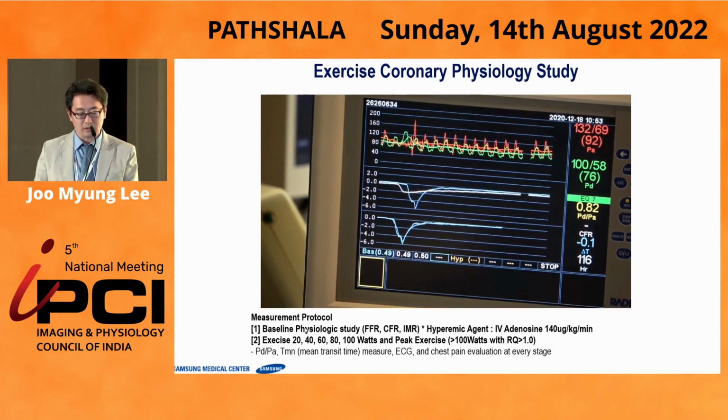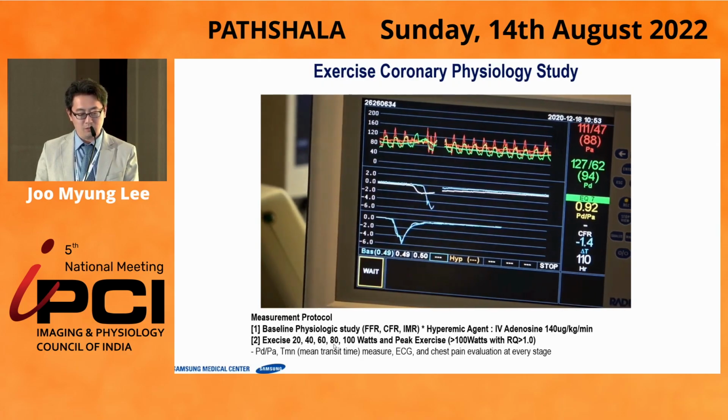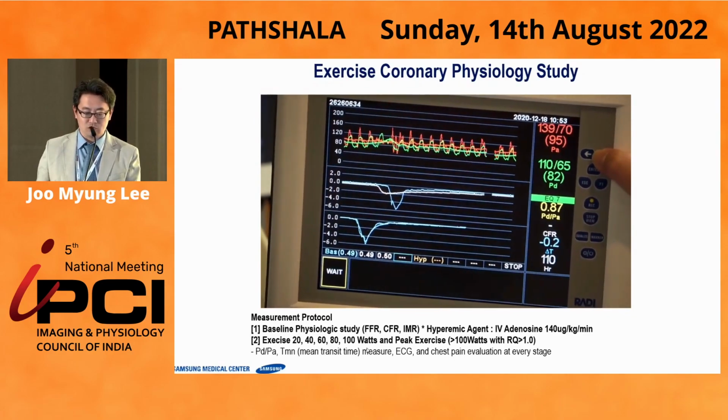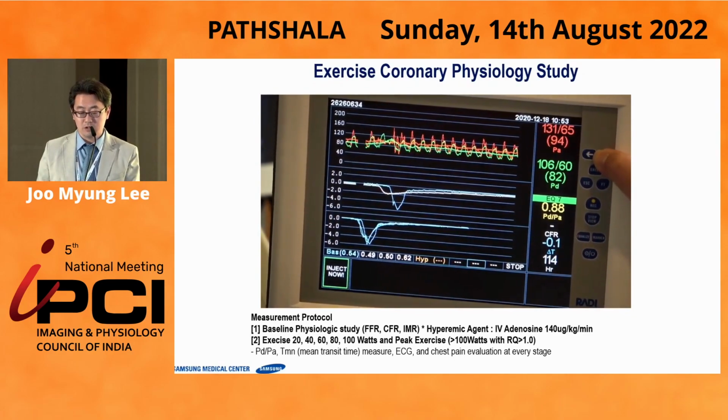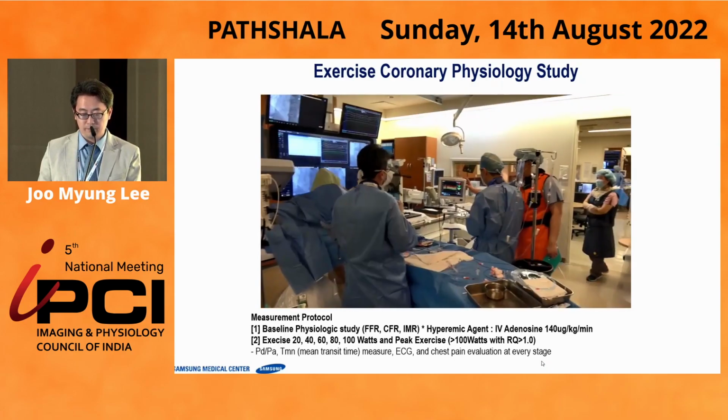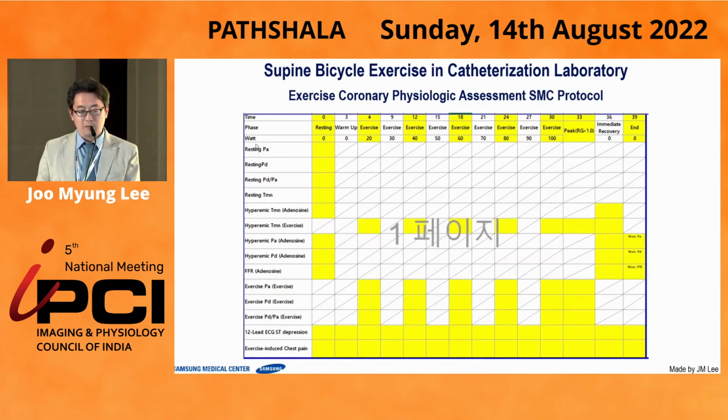The exercise protocol is 20 watt, 40 watt, 60 watt, 80 watt, and 100 watt until the patient reaches peak exercise, which is defined by a respiratory quotient more than 1.0. So this is the measurement protocol that I made.